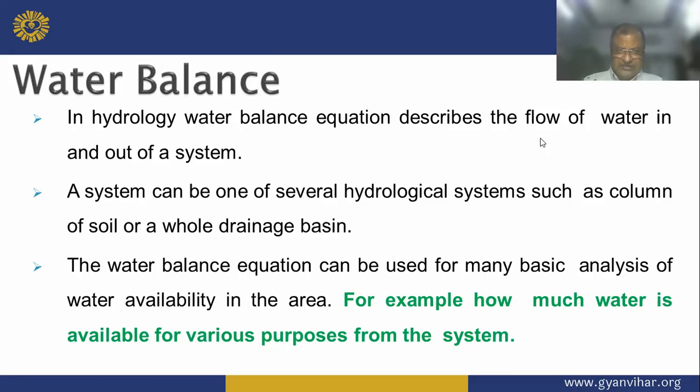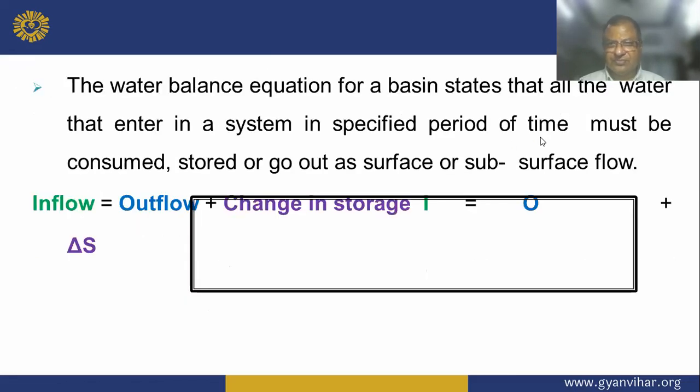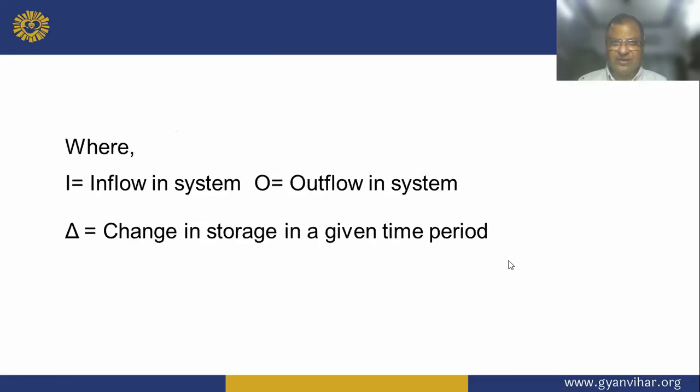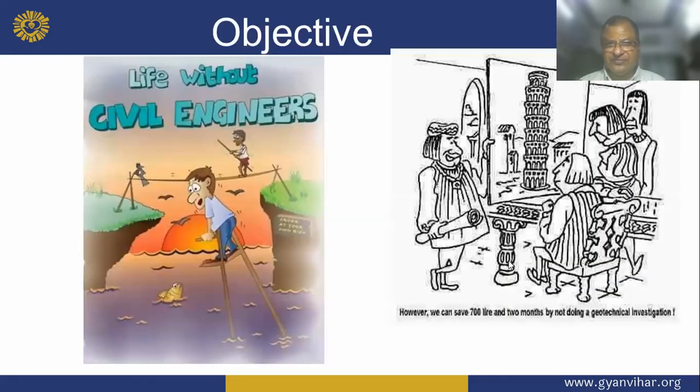The water balance equation can be used for many basic analyses of water availability in an area, for example, how much water is available for various purposes from the system. This is the formula of the water balance, where I is inflow to the system, Q is outflow from the system, and ΔS is the change in storage in the given time period.